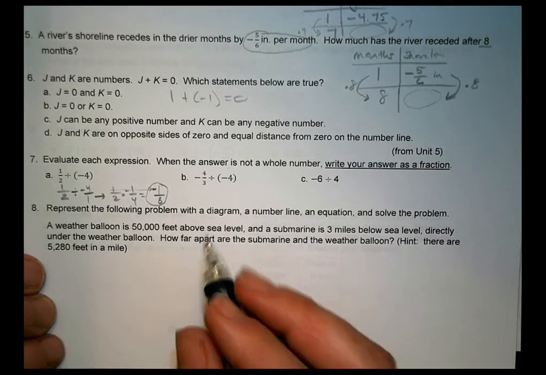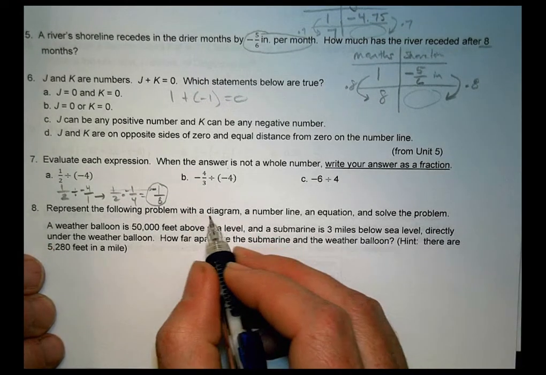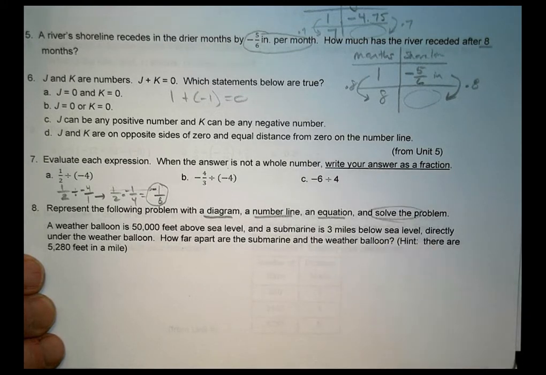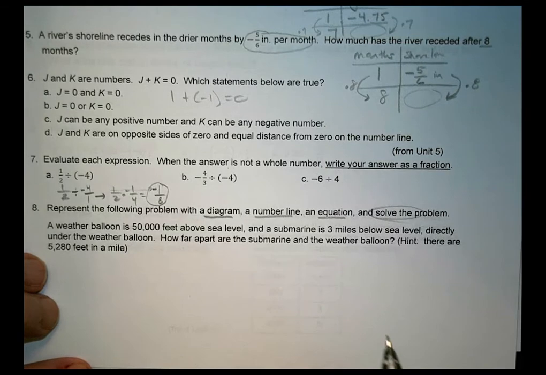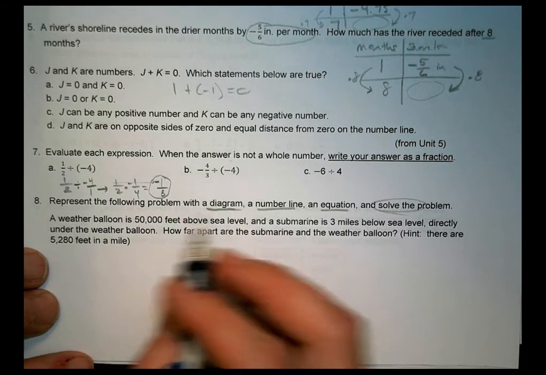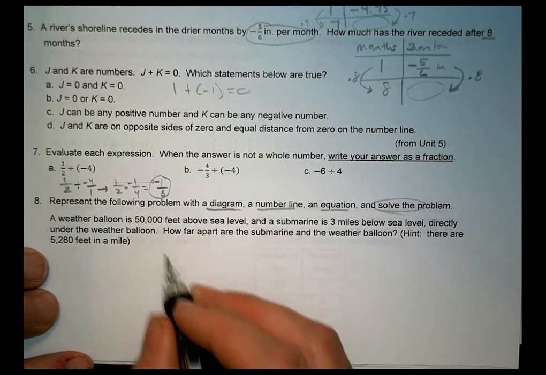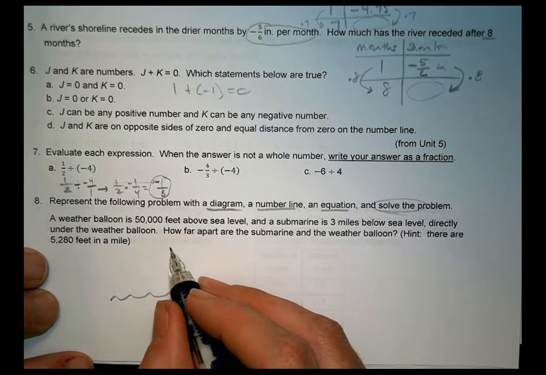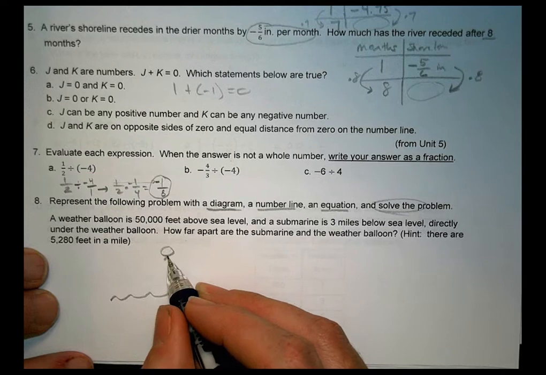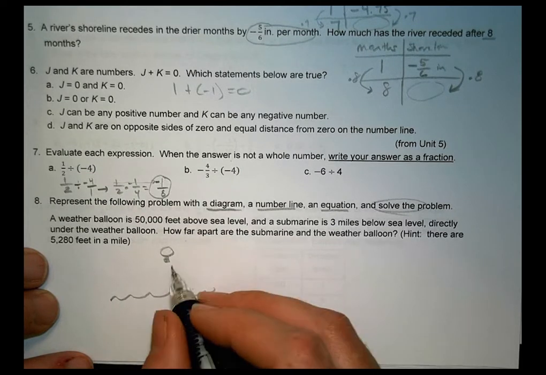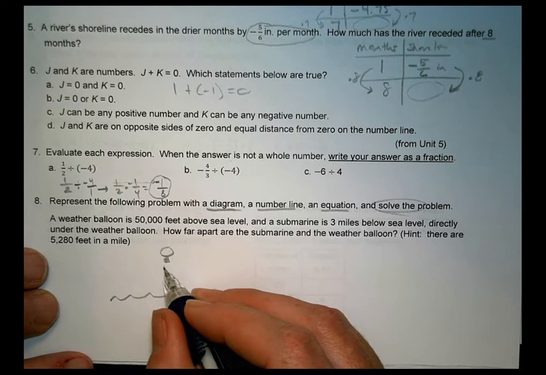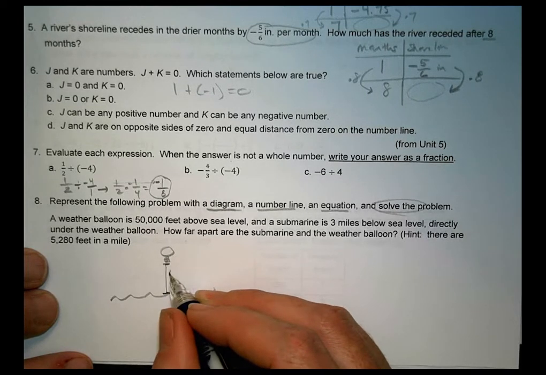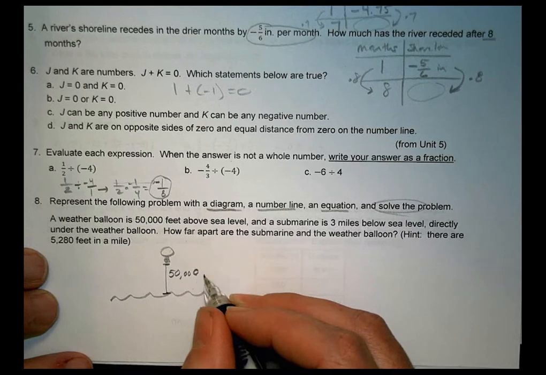Last one here. Represent the following problem with a diagram, a number line, an equation, and then solve it. I'm going to draw a picture real quick and then let you figure out the rest. It says a weather balloon is 50,000 feet above sea level. So here's the sea level, and we have a weather balloon hanging up here, and this distance right here is 50,000 feet.